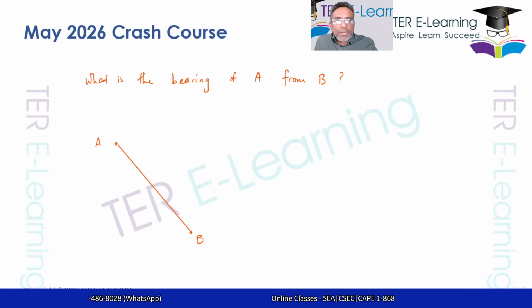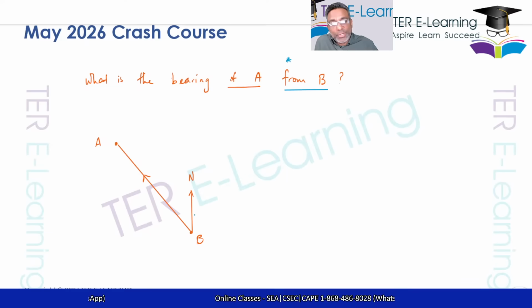So again, what you need to do, you need to understand where we're coming from. We're coming from B. So what that means is that we're going to draw a north line at the point B. That's the objective. So you put your north line, and where are you going? You are going to the point A. So you're traveling in this direction here. Since you have a line joining A and B, the actual bearing is going to be this.